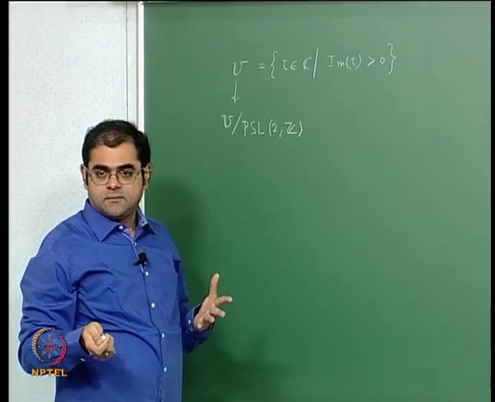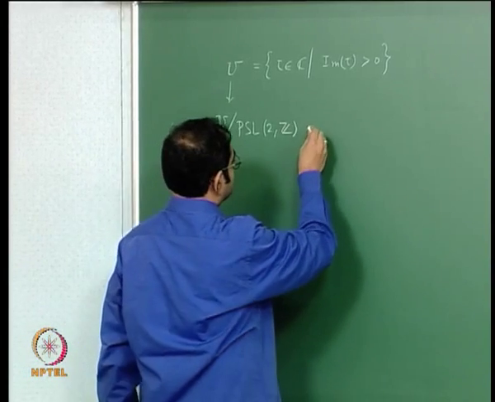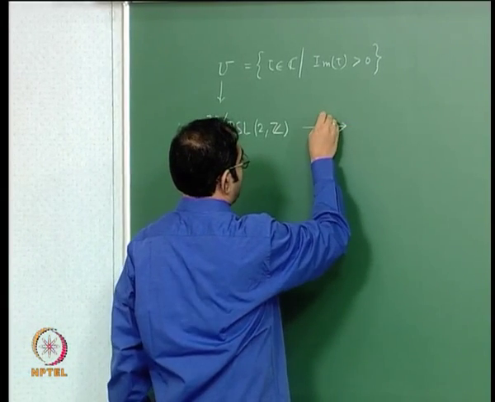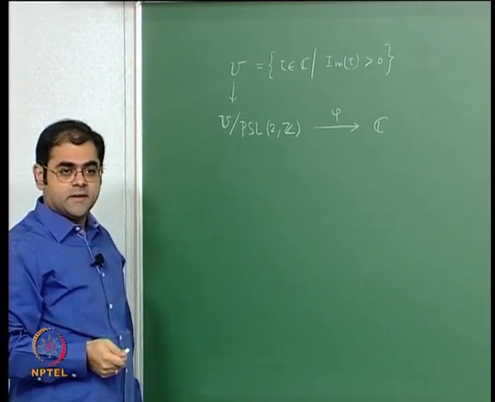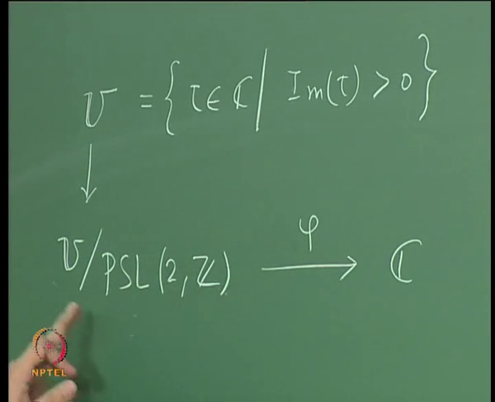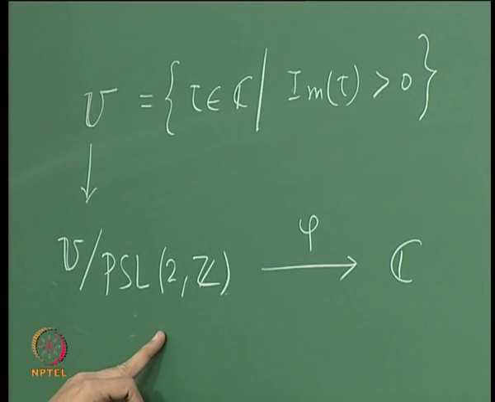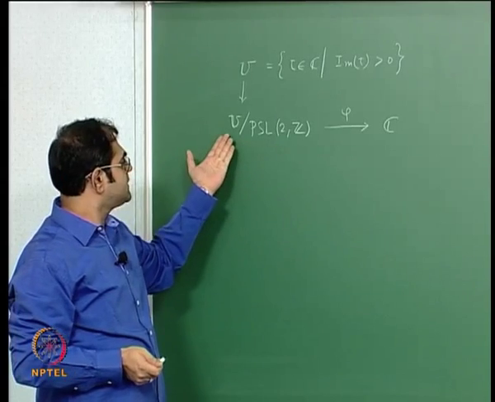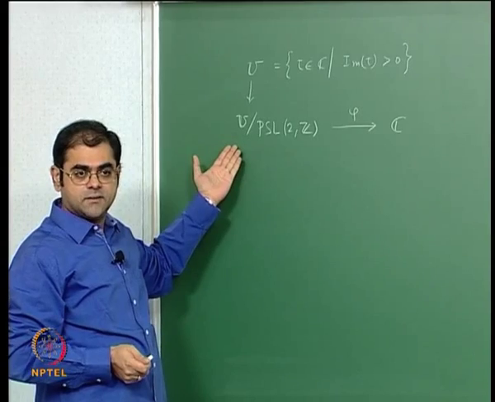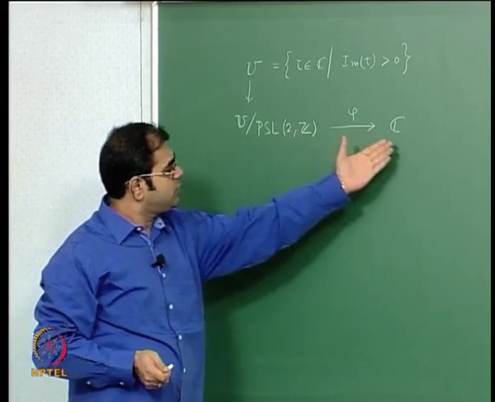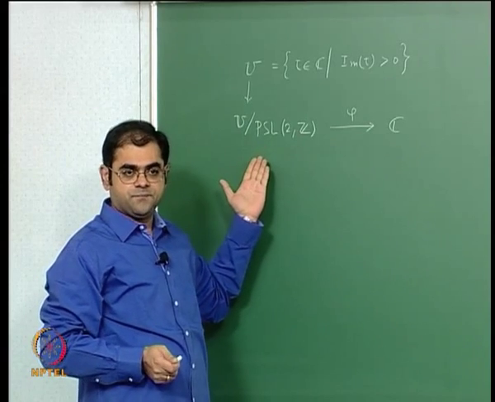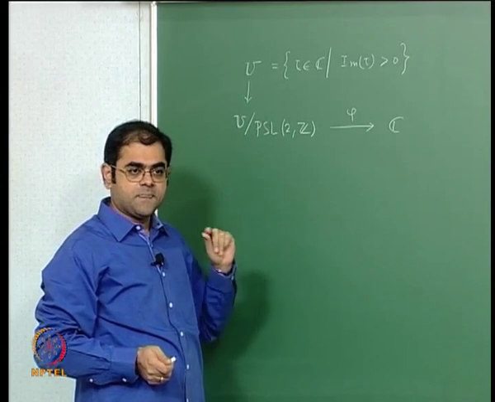What does it mean? Suppose I give you any function phi into the complex plane. Suppose I give you a function phi from this Riemann surface U mod PSL2Z, which is the set of orbits of PSL2Z in the upper half plane, made into a Riemann surface. Suppose I give you a holomorphic function on this.